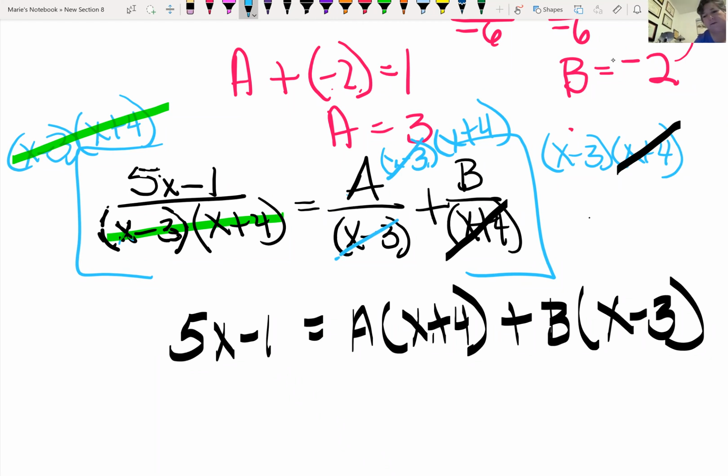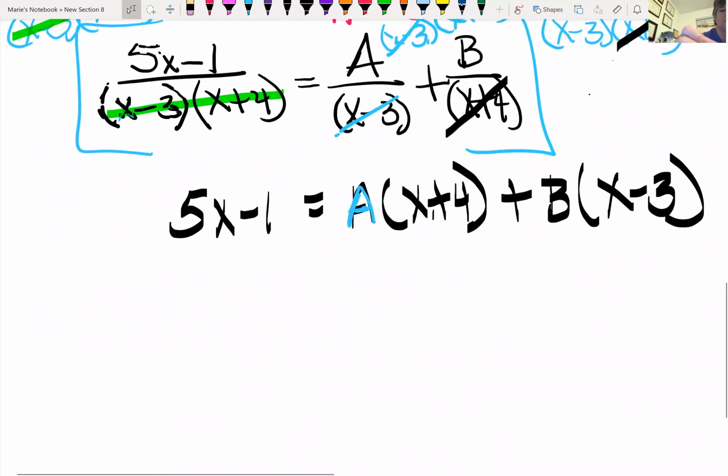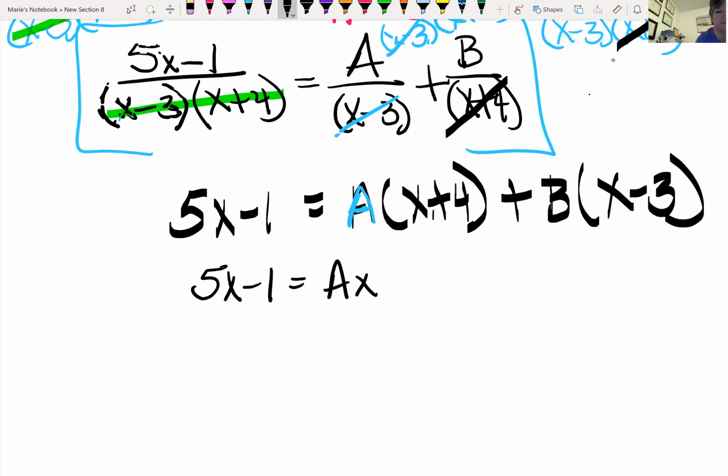So these guys cancel, and that's how you end up with a times x minus 4. All right, and so once we distribute, now this becomes just basic algebra. 5x minus 1 equals the ax plus 4a plus bx minus 3b.